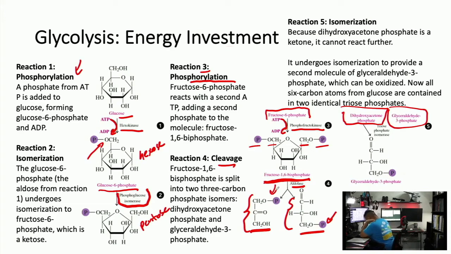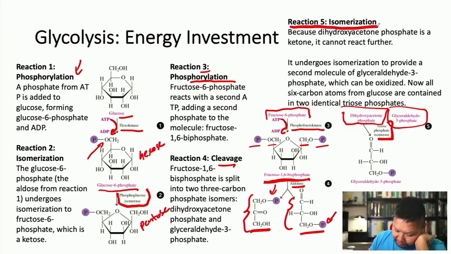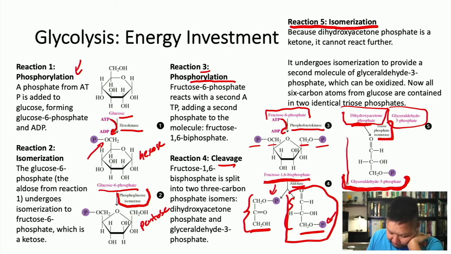Triose phosphate isomerase comes in next in reaction 5, isomerization, and turns the dihydroxyacetone phosphate into another glyceraldehyde 3-phosphate. So now you have 2 of these: the first one that was made right here, and the second one that was just made with triose phosphate isomerase right here.